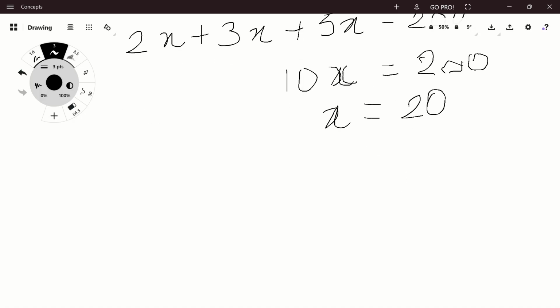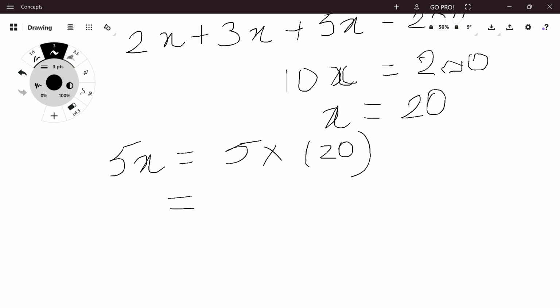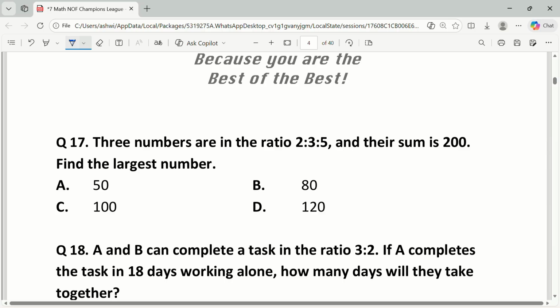Finding the largest number, that will be 5x, 5 into 20, which will be 100. Comparing with the options, the answer is C.